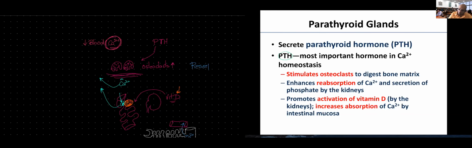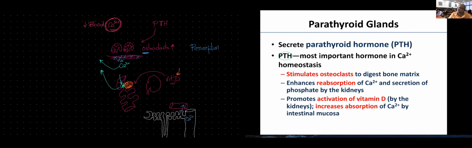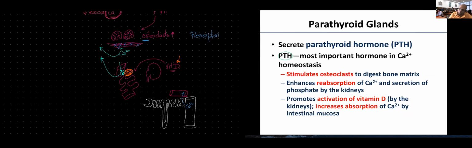What I mean by bone resorption is a bone breakdown, and bone resorption is going to be taking place under the effect of the activated osteoclasts that will break down the osteoid material that is holding the calcium in the bone. Second action is by activating vitamin D, allowing the absorption of the calcium from the small intestine.